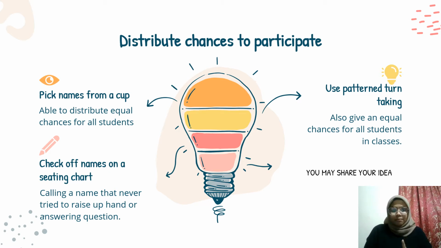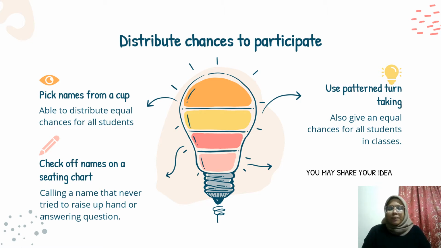So number 1, randomly pick a name from a cup. The concept is the same as a lucky draw, where the teacher will pick a name from a cup randomly, and the student that has been chosen will have to answer the question. So this is one of the ways to ensure an equal distribution of chances for students to participate.